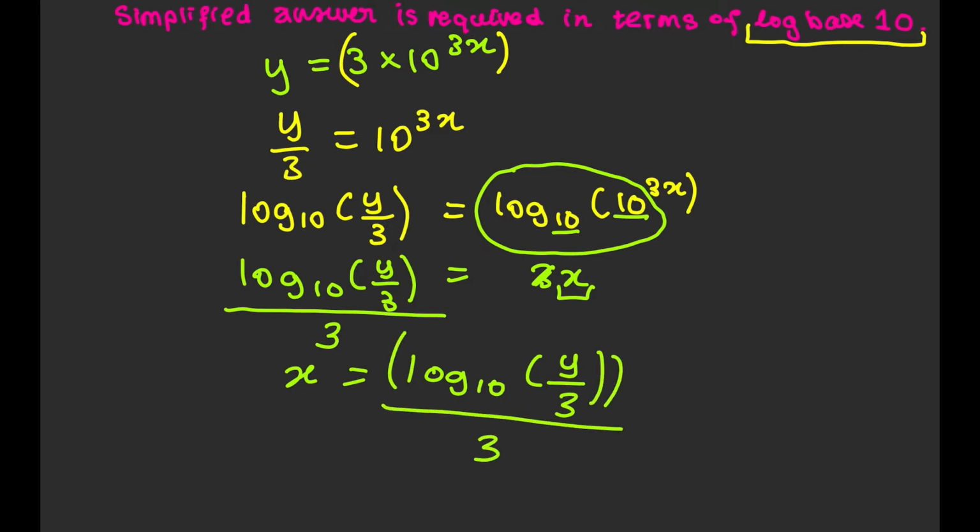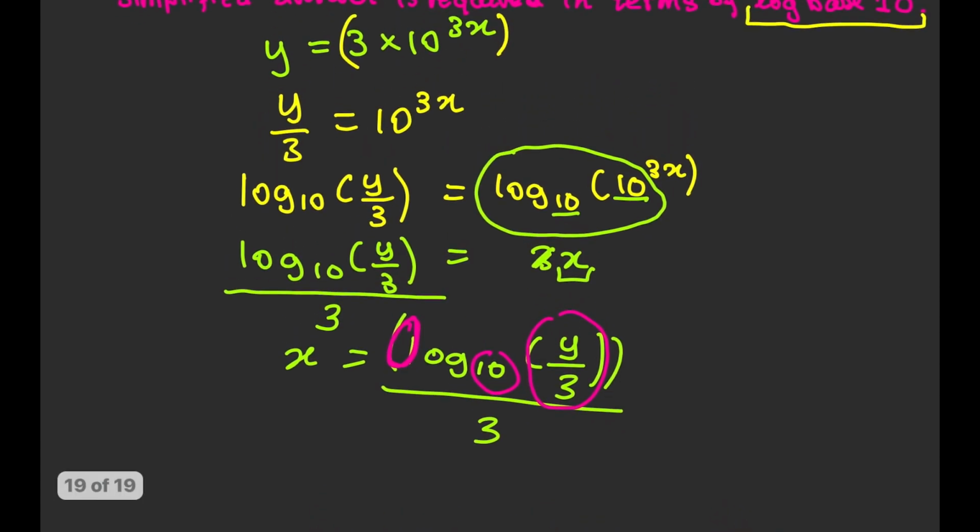Now, in this case, we're not allowed to touch the base and the argument here. However, we're able to touch the coefficient of log, so the number behind. And as we know, the default number behind any log is 1. So therefore, x is equal to 1 upon 3 log base 10 of y upon 3. Perfect.